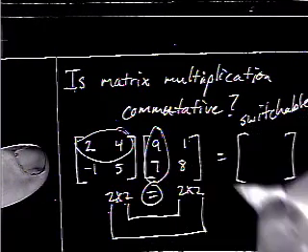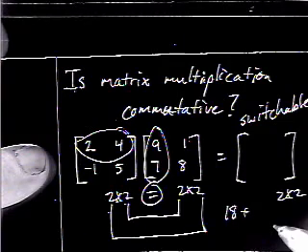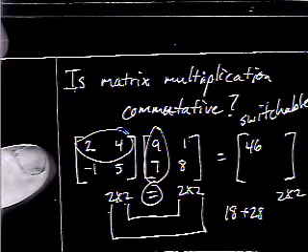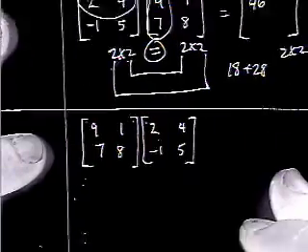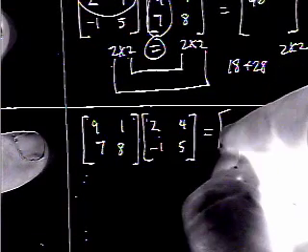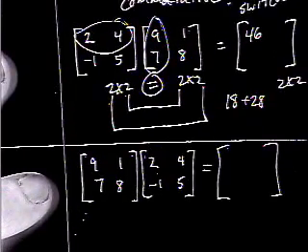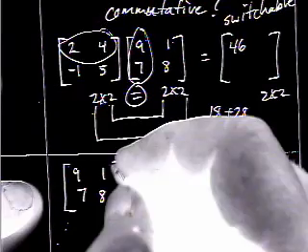Okay, so row times column, we've got 18 plus 28, giving me 46. You know, just for fun, I'm going to switch these two matrices and just figure out the very first entry. Because if it's not 46 like the last one, then I know the answer to this question.